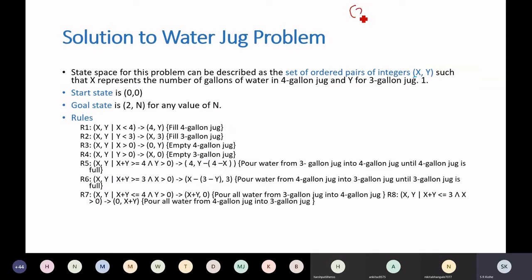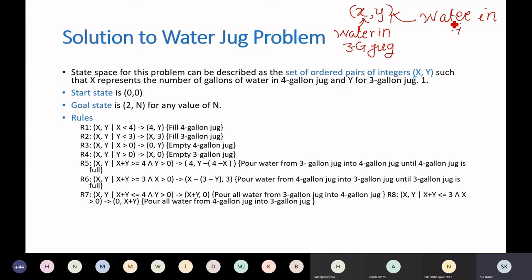So here I can define two parameters, ordered pair xy, where this x will represent water in 3-gallon jug, and this y will represent water in 4-gallon jug.